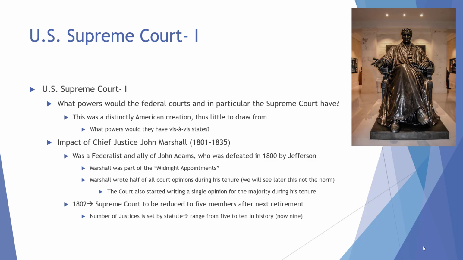Also, another thing is you had this long period of time between when Jefferson and his party were going to take over. So what the Secretary of State at the time, John Marshall, did, in conjunction with the president, were the midnight appointments.